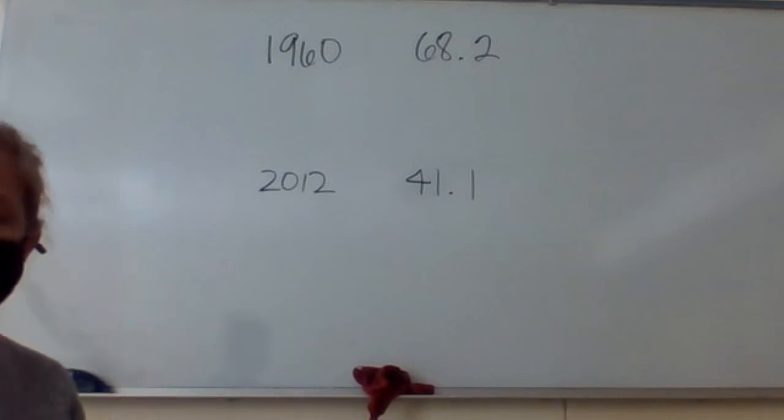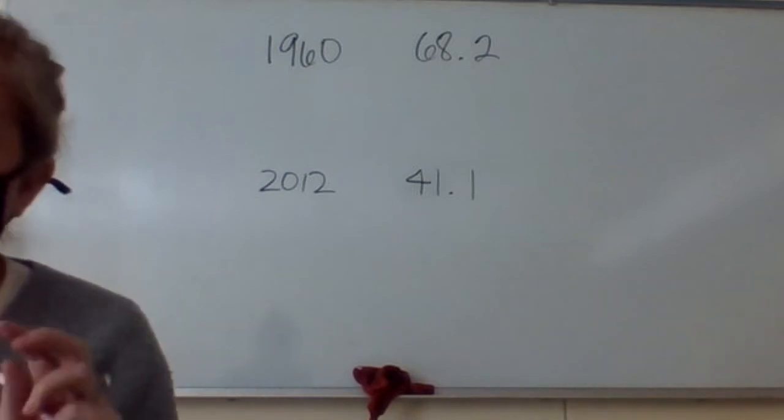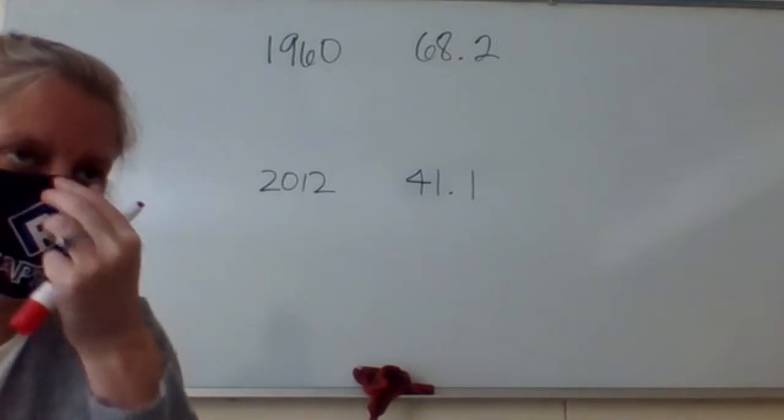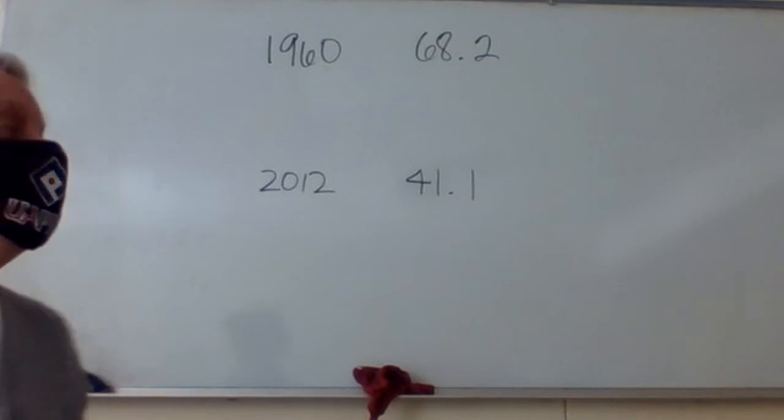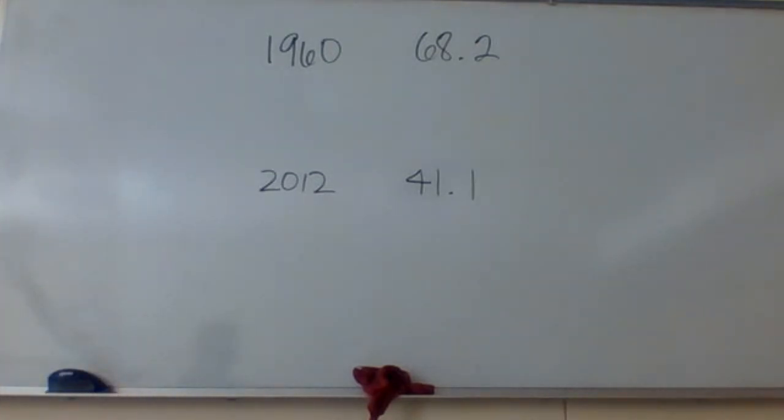So let's see, what you want to do is set up, my k is going to be in my exponent. On the left side of your equal sign is the ending number or the final result of percent of adults who are married.